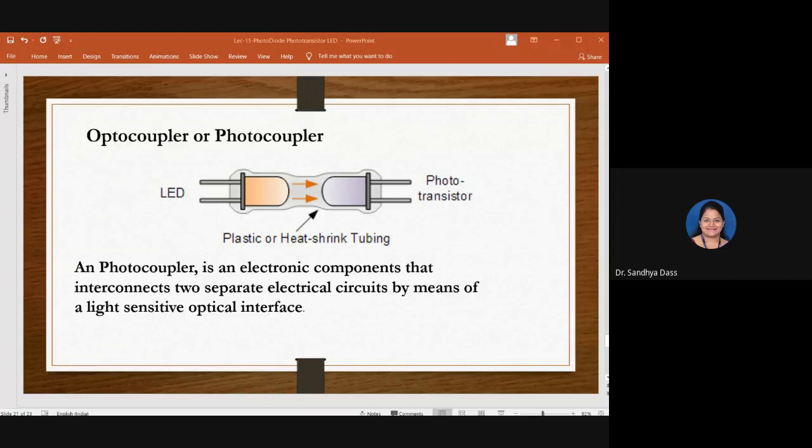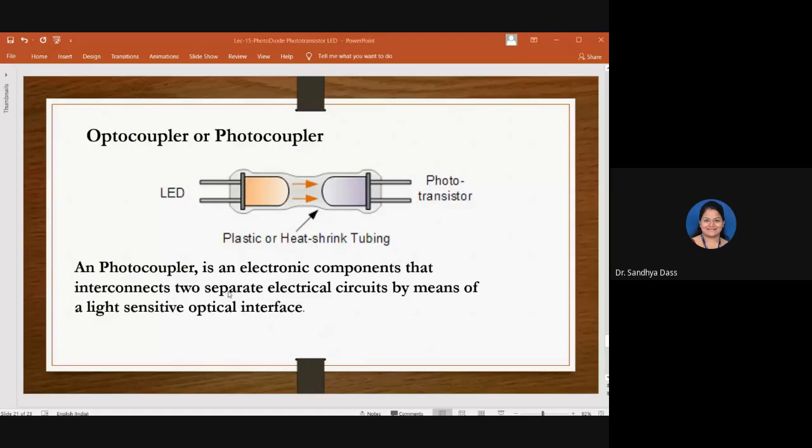This isolation uses electromagnetic coupling, right? And this is achieved using magnetic flux circulating within the laminated iron core in the transformers. But in the circuits we are using, we can isolate the electrical circuits using a light source.